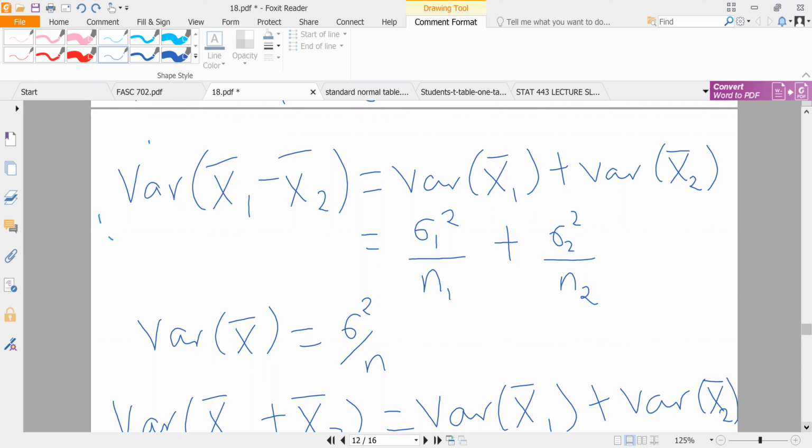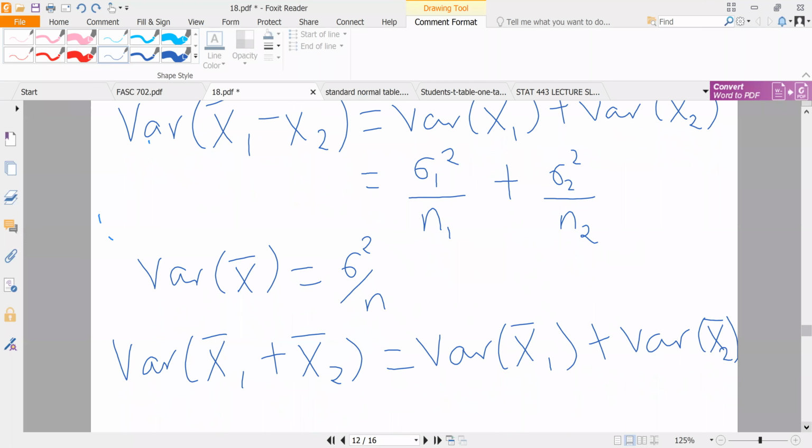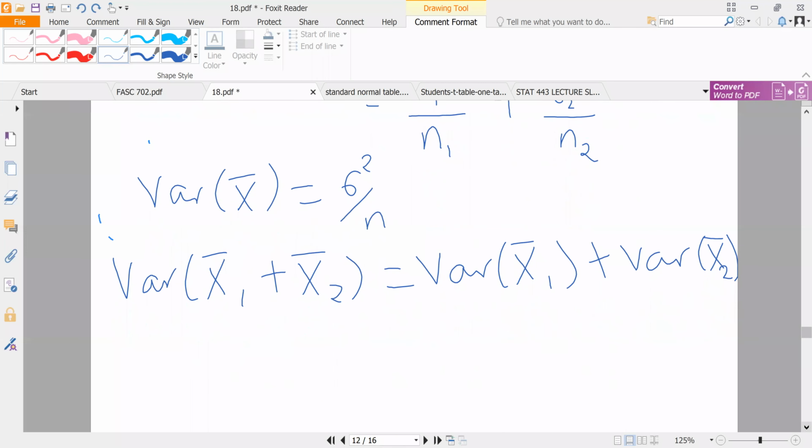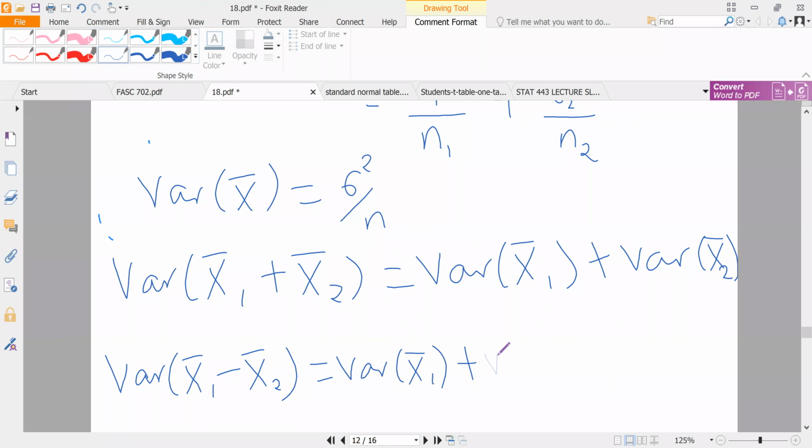If there is interaction between units in population 1 and units in population 2, then we will see the effect of the difference, because in that case the variance of x bar 1 minus x bar 2 will be equal to the variance of x bar 1 plus the variance of x bar 2 minus twice the interaction between x bar 1 and x bar 2.